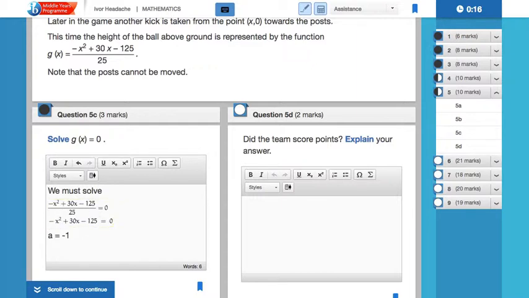We've got b equal to 30 because we've got 30x there. And then c is equal to minus 125 because we've got minus 125 on the end there. So we can solve that with the quadratic formula.